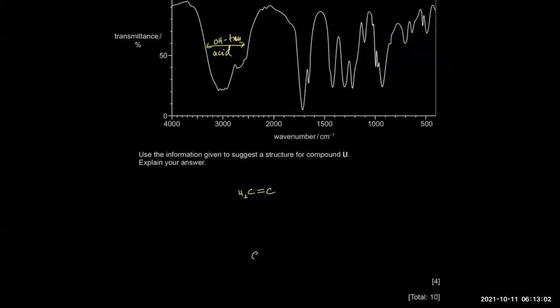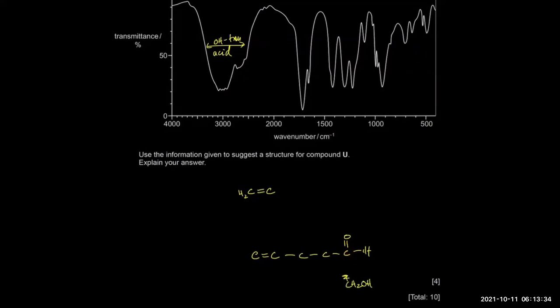If a carboxylic acid is forming, which group must be present? An aldehyde or a primary alcohol. Agreed? So this was formed from either an aldehyde or a primary alcohol. That's what formed the carboxylic acid.